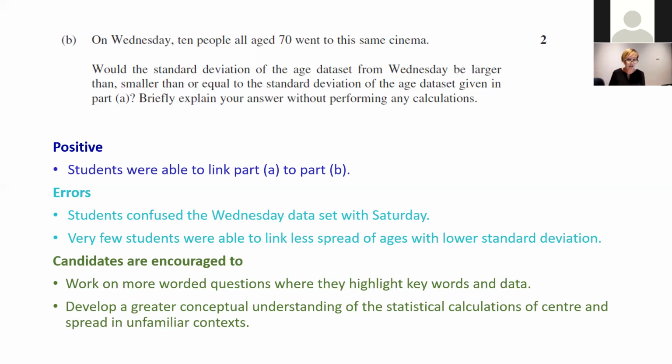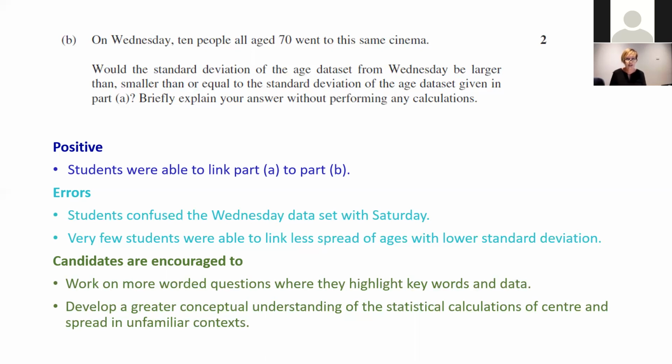We also need to encourage them to develop a greater conceptual understanding of the statistical calculations of centre and spread in unfamiliar contexts, because this is a theme that I saw in these questions that the team marked. That they were going through a process, but you weren't always sure that they knew why they were doing what they were doing, and that's where they come unstuck.